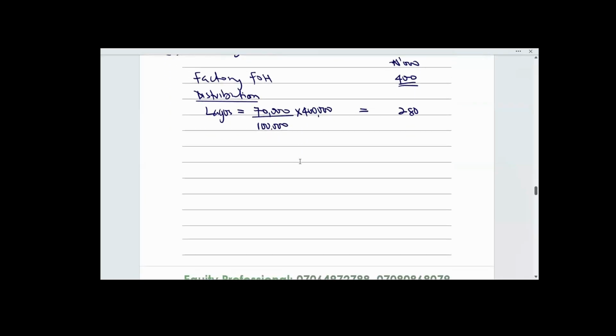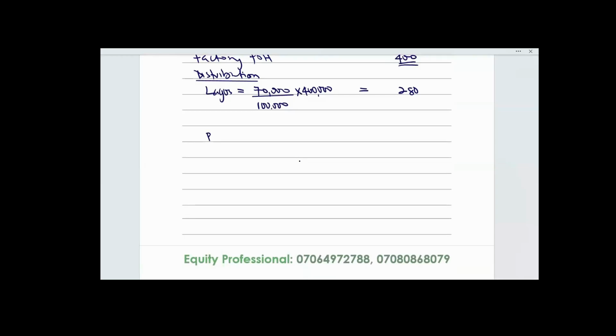Then we have Benin. Benin produced 20,000 units out of 100,000 units. You multiply by the fixed overhead of 400,000. This will give us 80,000, right? Then we also have Kaduna.